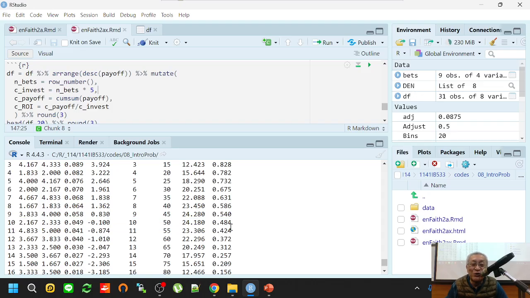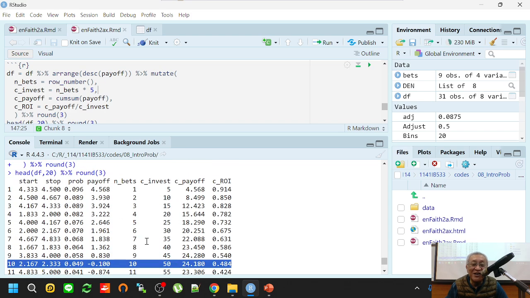So this 9-bet strategy is reasonable. But although the payoff is increasing, the ROI is decreasing, because the overall probability is decreasing.